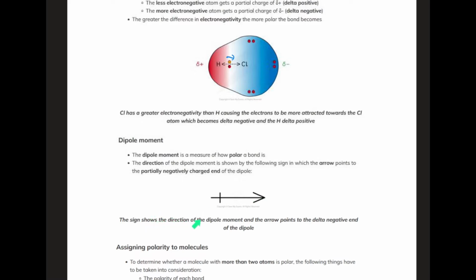For example, for this HCl, the dipole moment is drawn this way.